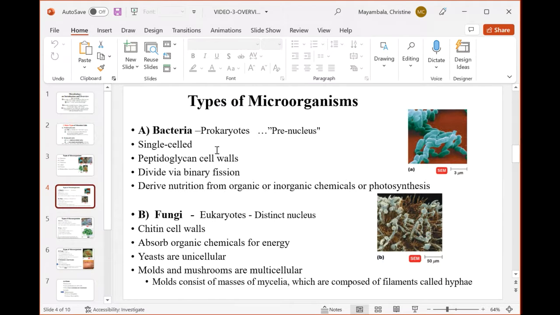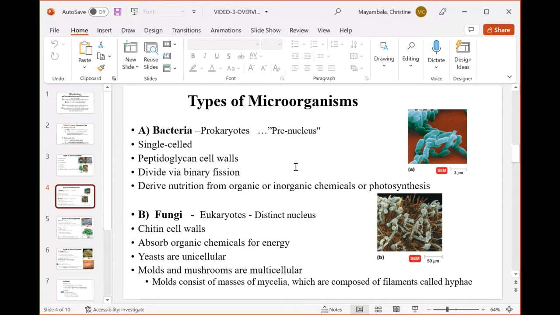So in slide number 4, we have each of those categories. The first category would be the bacteria. So those would be prokaryotic, and have the features that I just mentioned earlier on. Again, they're single celled. They have unique structures called peptidoglycan walls.